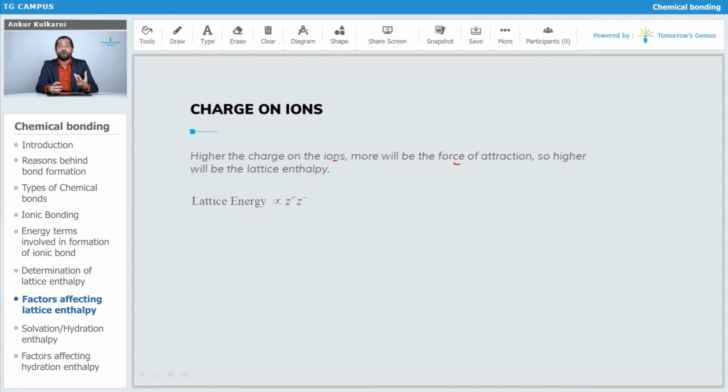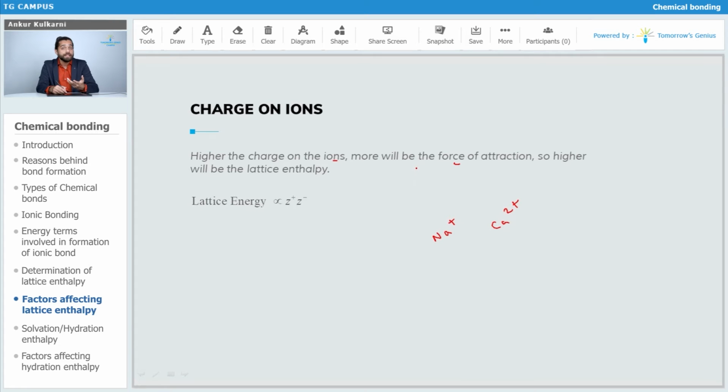For example, if you have Na+ and Ca2+, the charge on calcium 2+ is more, so attraction from calcium 2+ will be more. So it is very easy, we can say that the higher the charge on the ion, the more will be the force of attraction.